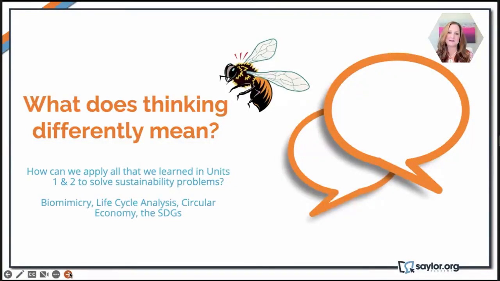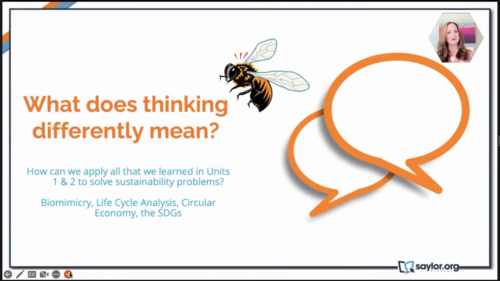Let's reflect on that. We're in Unit 3 now. We've been through a lot of content in this course. So how can we apply all that we learned in Units 1 and 2 to solve sustainability problems? Let's remember all of that as we go through Unit 3. Let's remember sustainability methods like biomimicry, like life cycle analysis, like circular economy, like the SDGs, innovation methodologies, and how to engage people in communities and engage citizens in innovation.